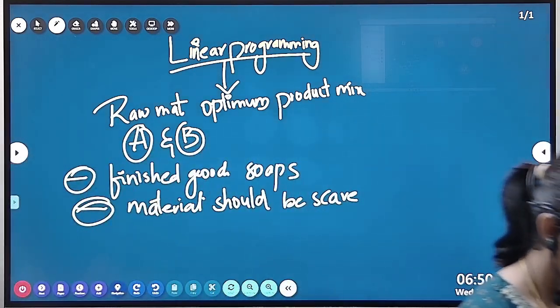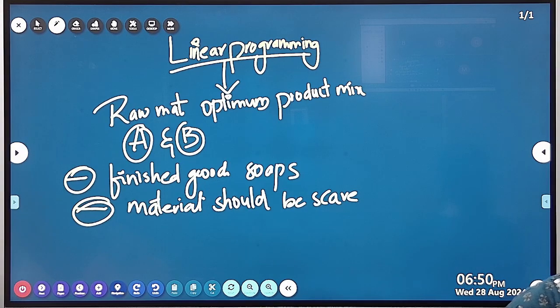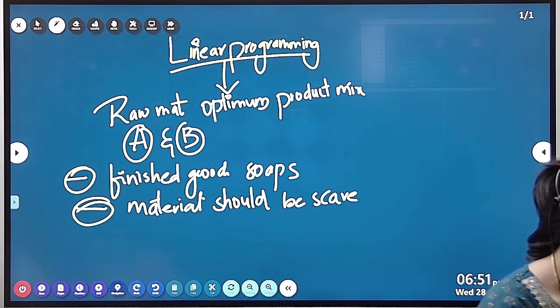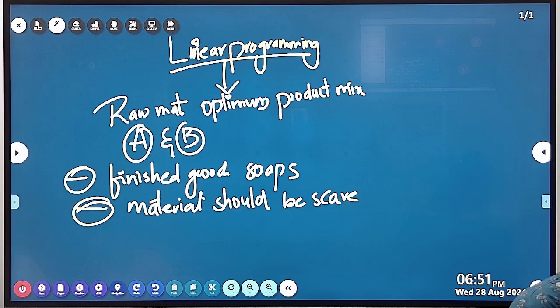So now write down: LPP, or linear programming problem, is an optimization technique to produce a product with limited resources, when those limited resources have an alternative use.